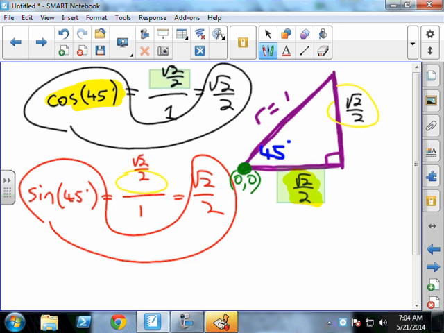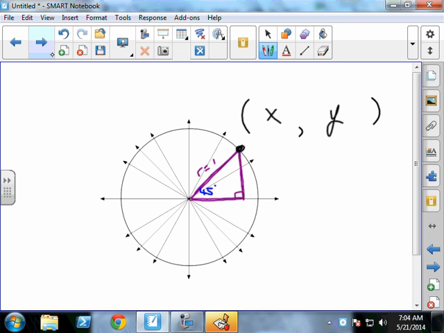And if we were to go across that far, we went rad 2 over 2. That's a horizontal distance, and horizontal distances in the Cartesian plane are also known as x-coordinates. So the x-coordinate at that point is rad 2 over 2.